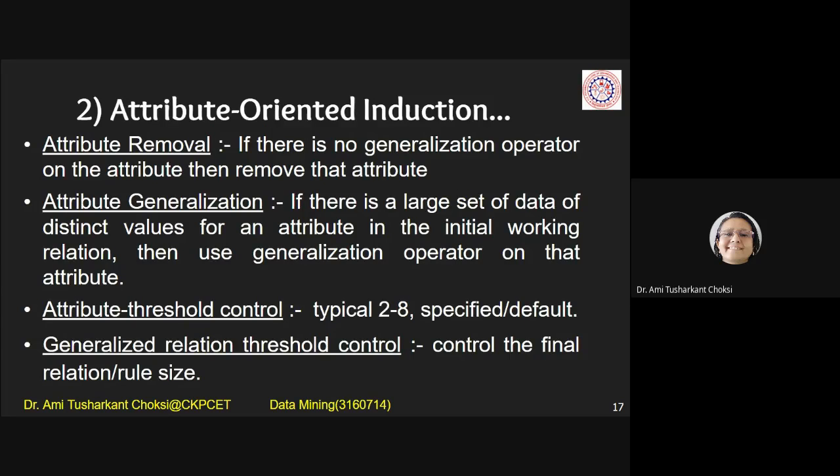Okay. Say after doing some processing like attribute removal, attribute generalization, attribute threshold control, we have done all these things, right, for a particular data set, suppose, and we are having the relation wherein many rules are there.